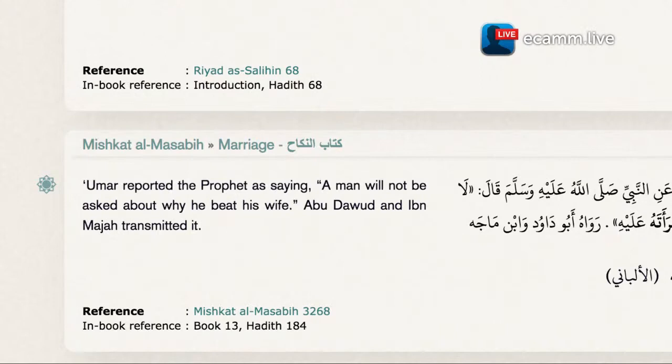Isti'aratul furuj means borrowing a vagina. So you have, let's say, a slave. You have a female in your house. You sleep with her. You can ask your neighbor to exchange this vagina. They don't even call it a woman.